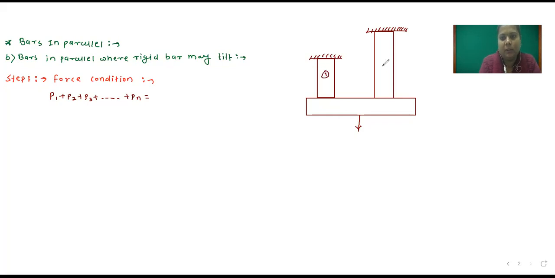Suppose this is rod 1, this is rod 2, and here the load is applied. So due to this, tilting may occur likewise. So we have to consider this. Okay. So the total load will be taken by these two rods. So P1 plus P2, the number of rods, is equal to the total force. Okay, so this is the first condition.